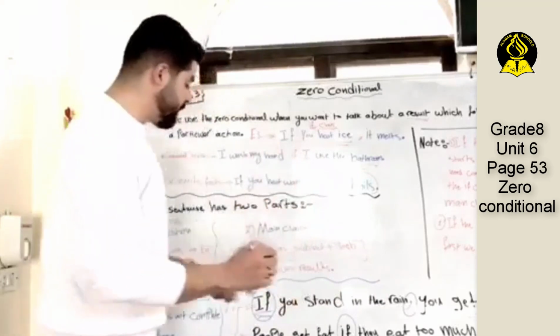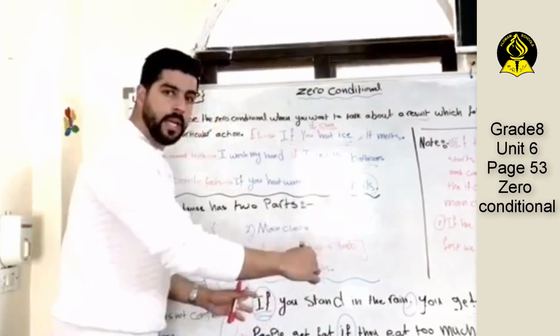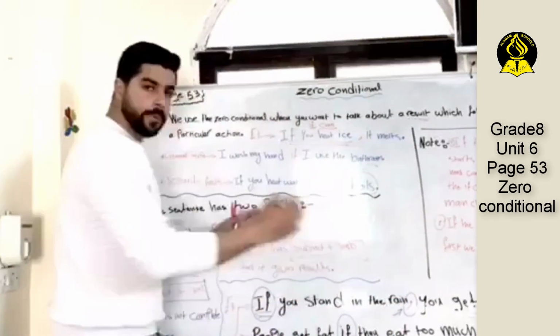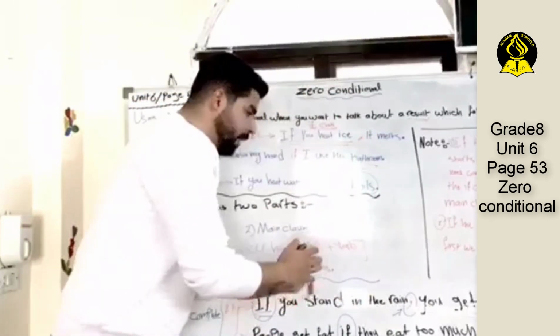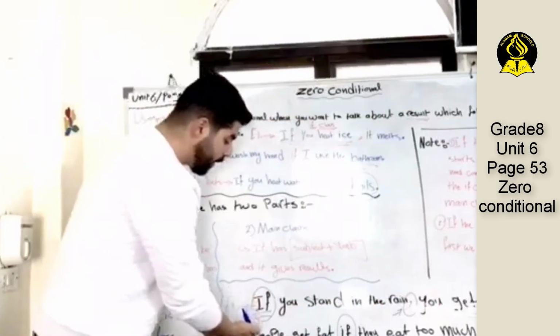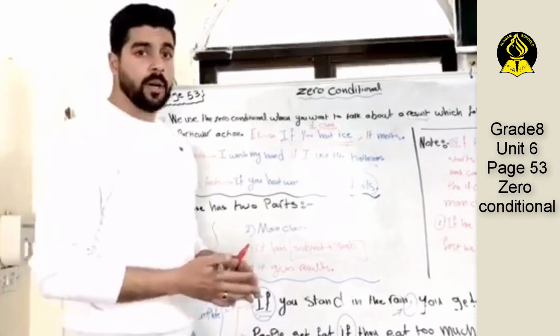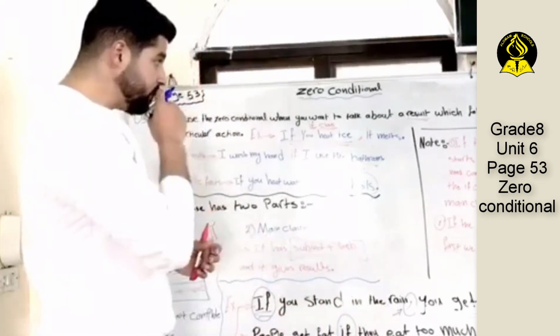Again, if the sentence starts with the if clause, we need to use a comma here to separate the if clause from the main clause. But if the sentence starts with the main clause, we don't need to use a comma.